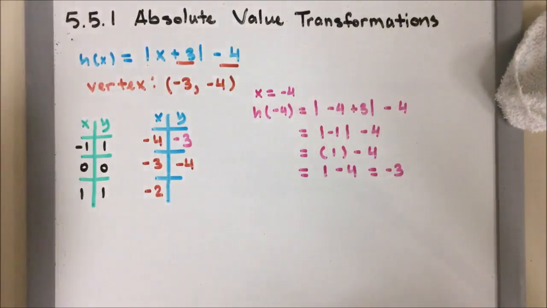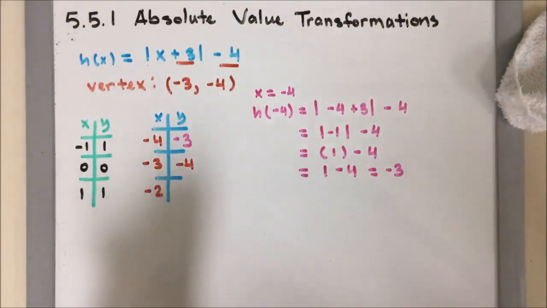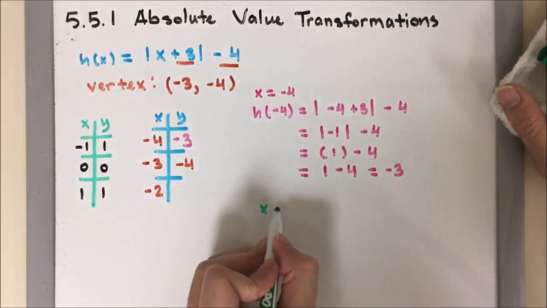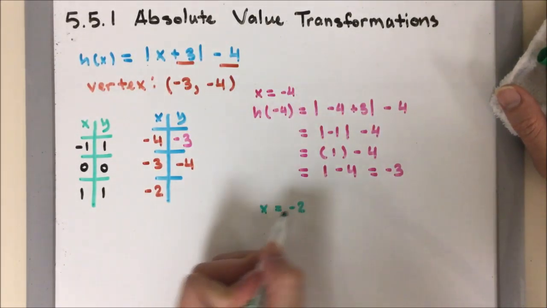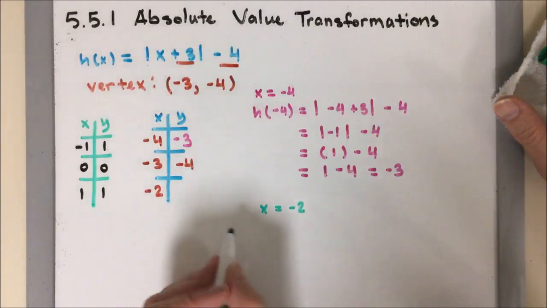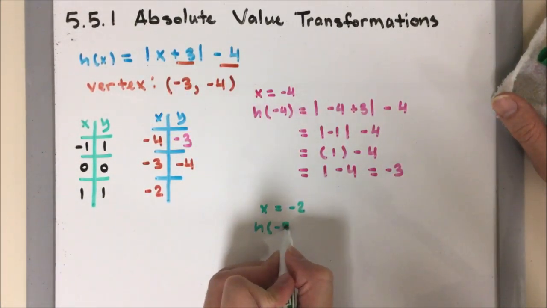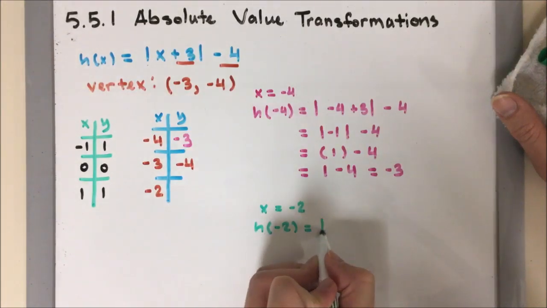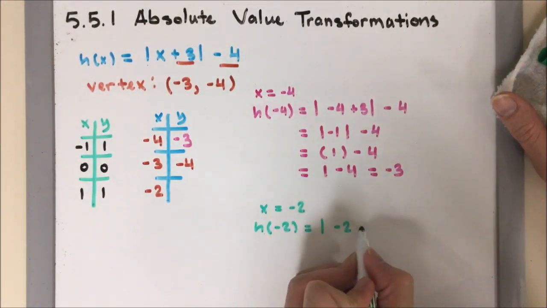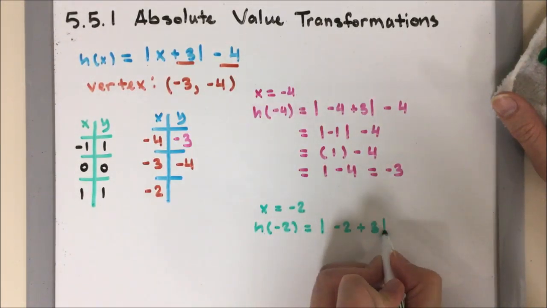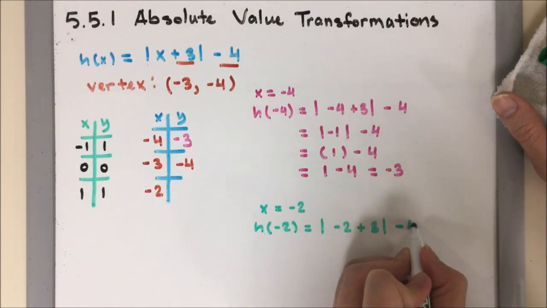And then the next one, x equal to negative 2. So I'm going to plug in negative 2 for x. So h of negative 2 will equal the absolute value of negative 2 plus 3, close absolute value, and then minus 4.